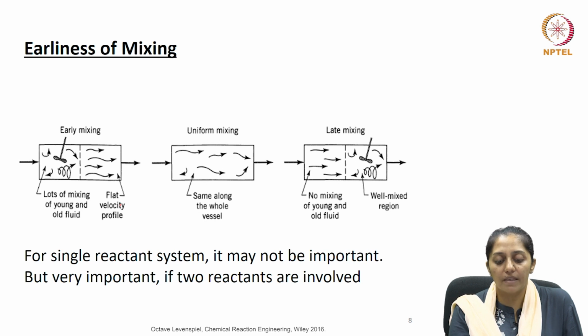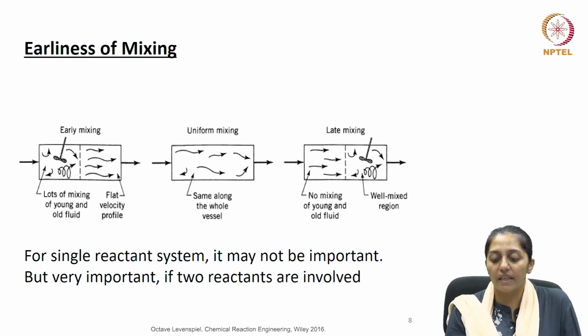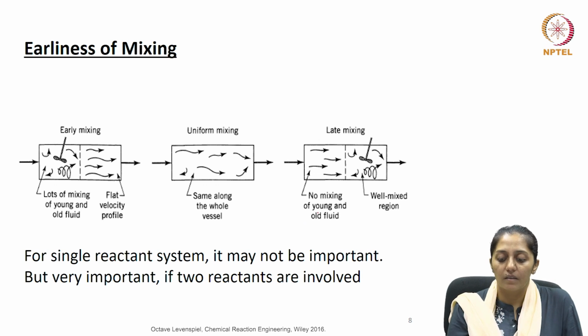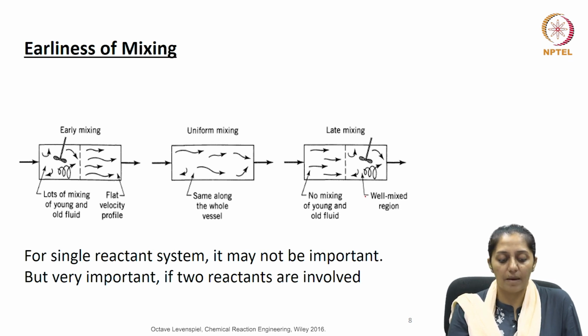In a uniform mixing through the entire vessel, the fluid patterns will be similar. Now, in the late mixing, in the early phase, there is no mixing of the young and the old fluid, while in the later half, this becomes a well mixed region where the mixing is happening.